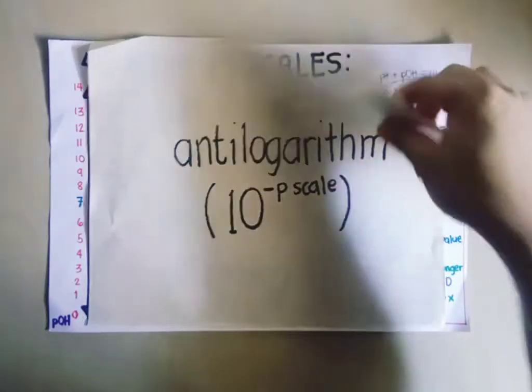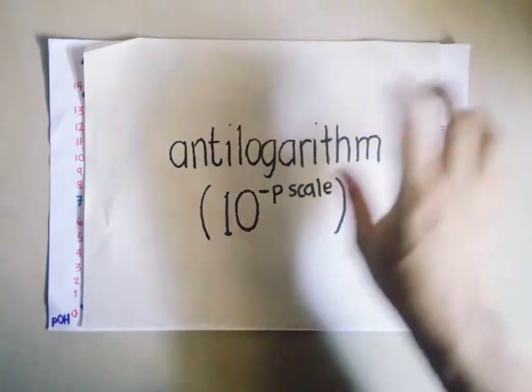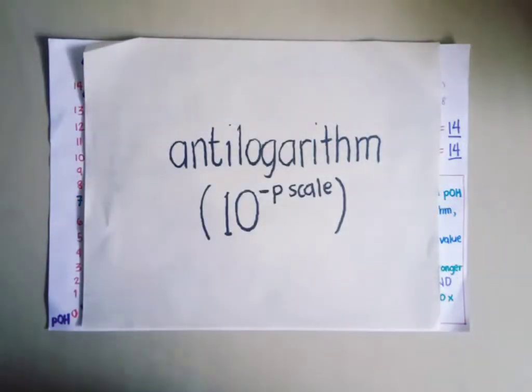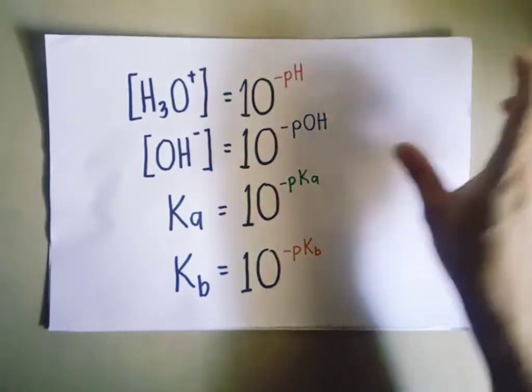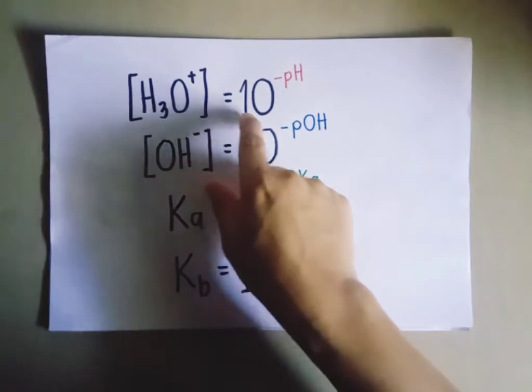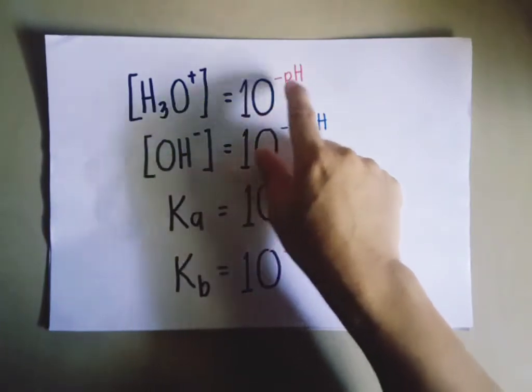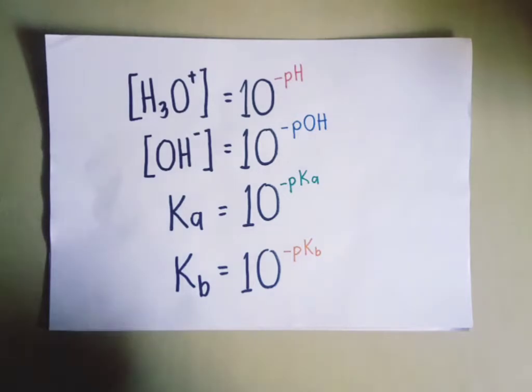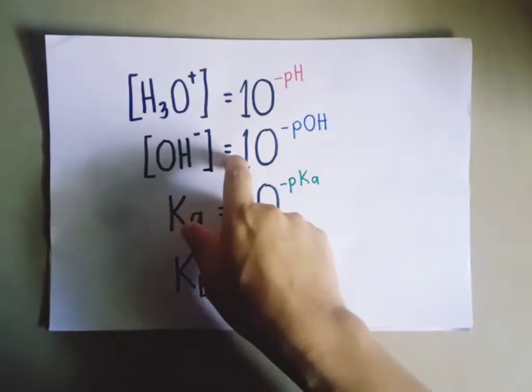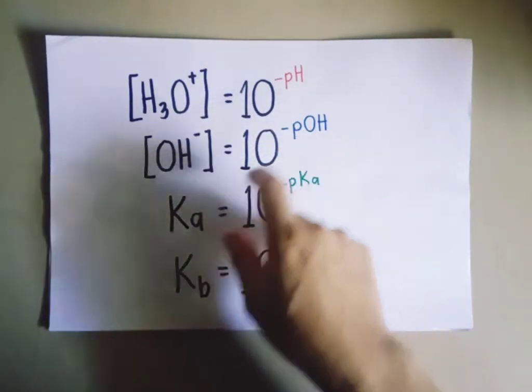And because we have here four different p-scales, we could also have four different anti-logarithms of these p-scales. So the hydronium ion concentration is equal to the anti-logarithm of the negative pH. Hydroxide ion concentration is equal to 10 raised to the negative pOH.